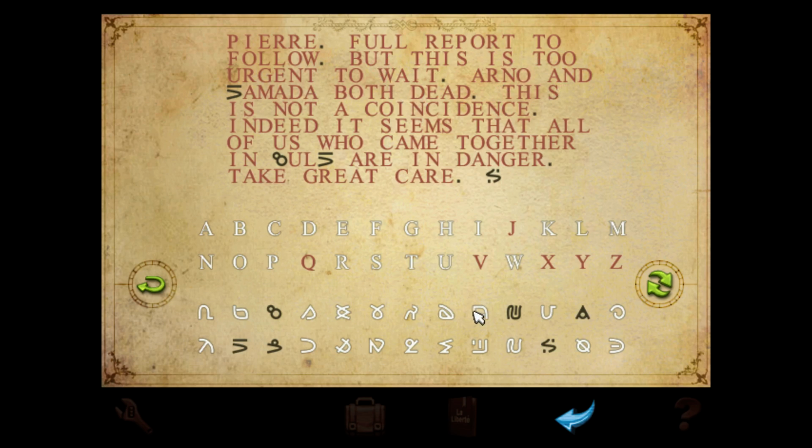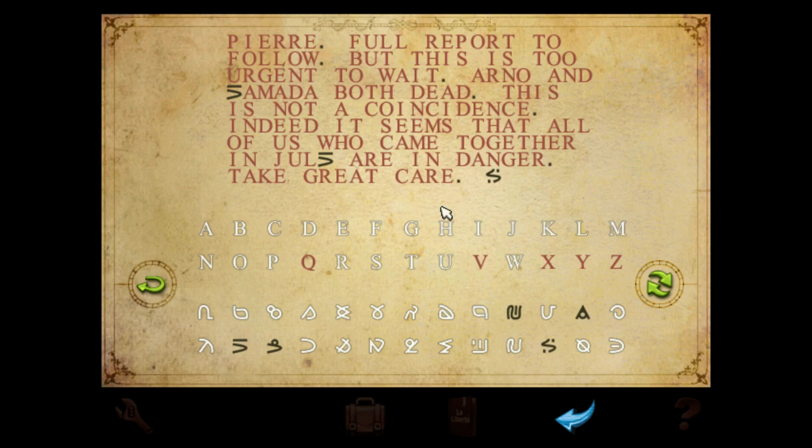Arno and Jamanda, Quamanda, Vanda, Exanda, Yanda, or Zamanda. None of those are right. Are both dead. This is not a coincidence. Indeed, it seems that all of us who came together in July came together in July is, I guess, maybe the solution.